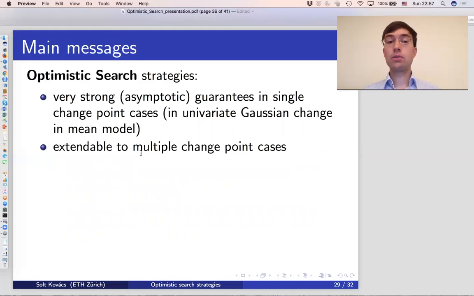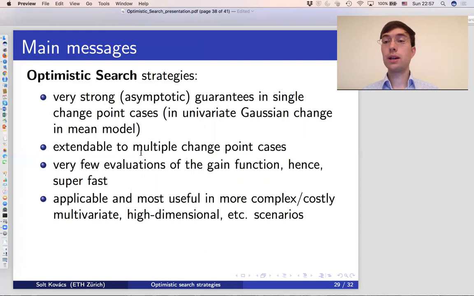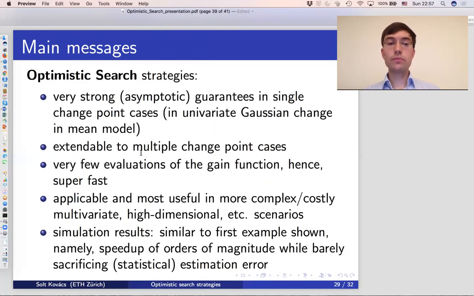We can extend to multiple change point cases, and due to the very small number of evaluations of the gain functions, we are very fast. And this is helpful mostly in complicated high-dimensional scenarios where model fits are expensive, such that we would like to avoid fitting too many models.